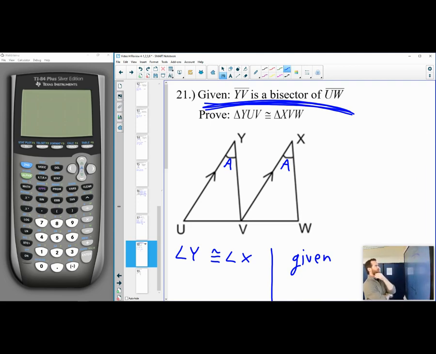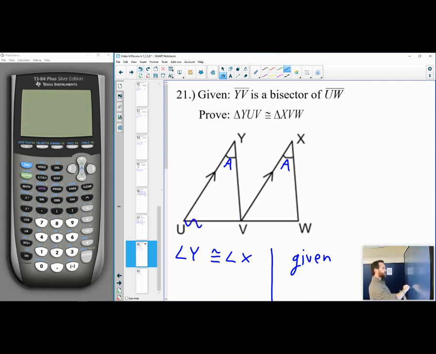So let's start with the bisector. Hopefully we know the word bisector means cut in half, cut into 2 equal parts. It says that segment YV is a bisector, so segment YV is doing the bisecting. That's the segment that's cutting something in half. And what is it cutting in half? Well, it's cutting segment UW in half.